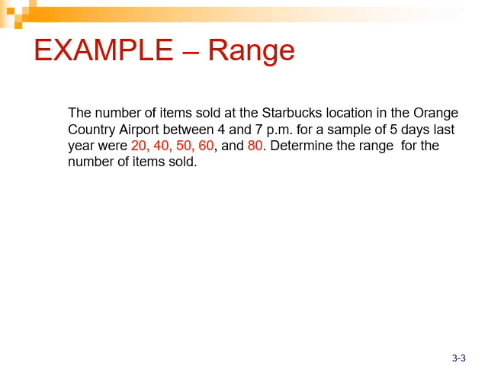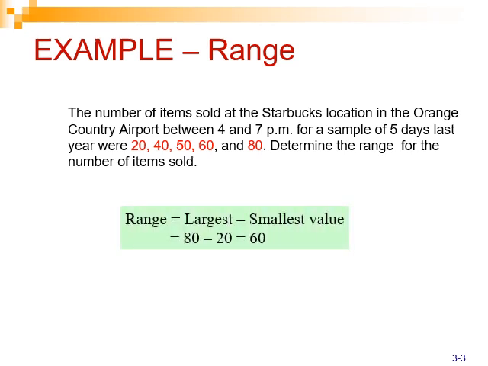Determine the range for the number of items sold. As we mentioned in the rule in the previous slide, the range equals the largest value minus the smallest value. The largest value here is 80 and the smallest value is 20. So the range is equal to 60, which is the difference between the largest and the smallest value.